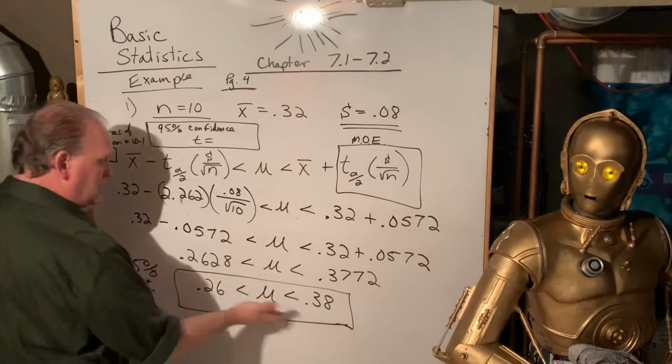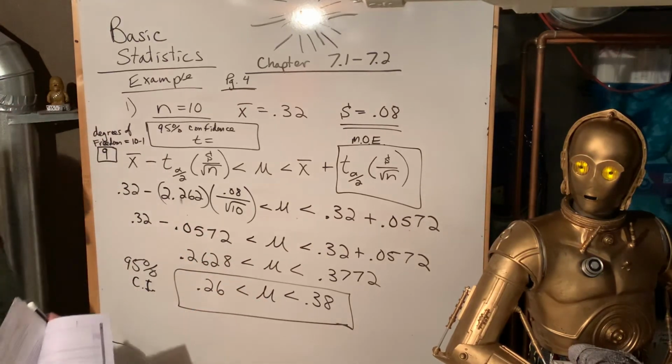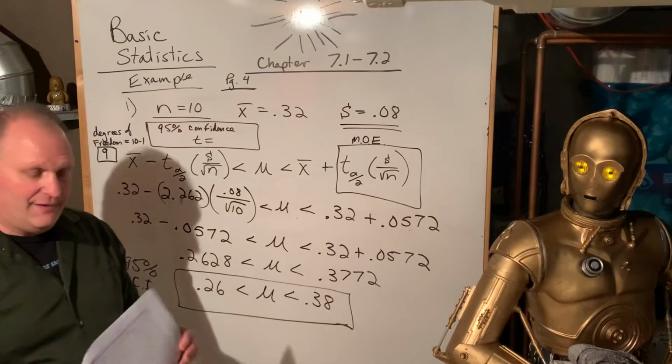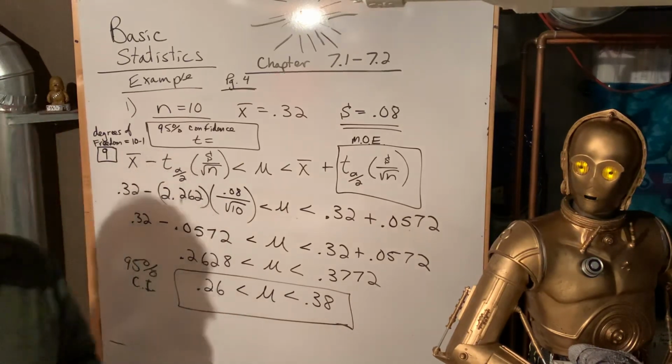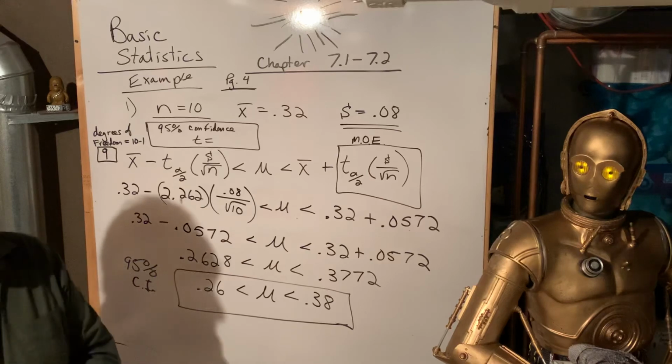And so there's no guarantee whether this is one of the 95 or one of the 5. It's more likely one of the 95 that actually captured it, but there is a possibility it's one of the 5.